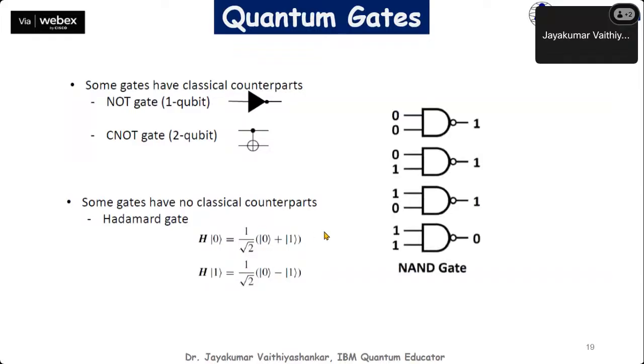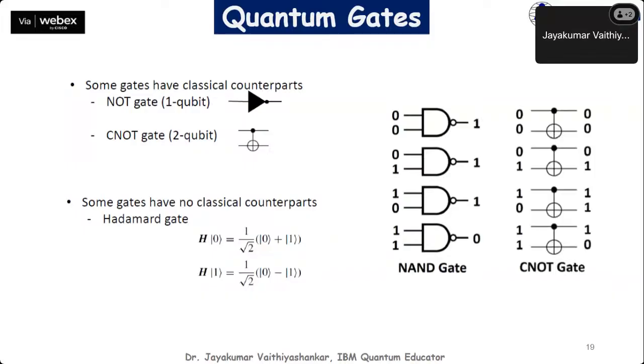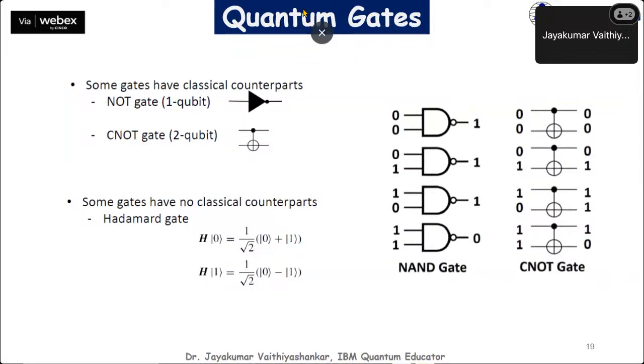So take an example of the NAND gate and compare it with CNOT. Can you find any fundamental difference between the NAND gate and the CNOT gate? How is it designed? Anybody able to answer? Can you find any architectural difference between the NAND gate and the CNOT gate?